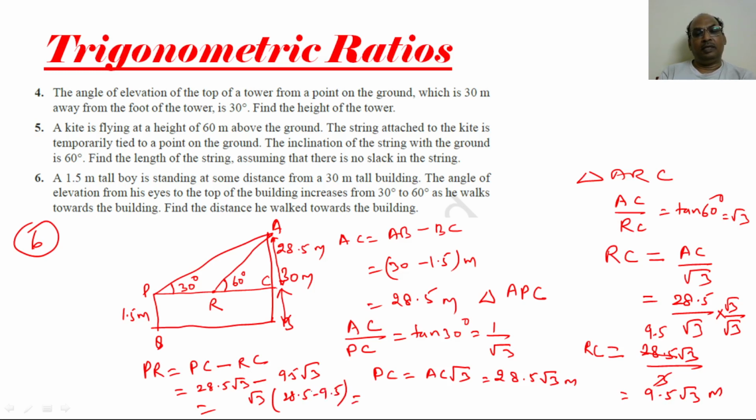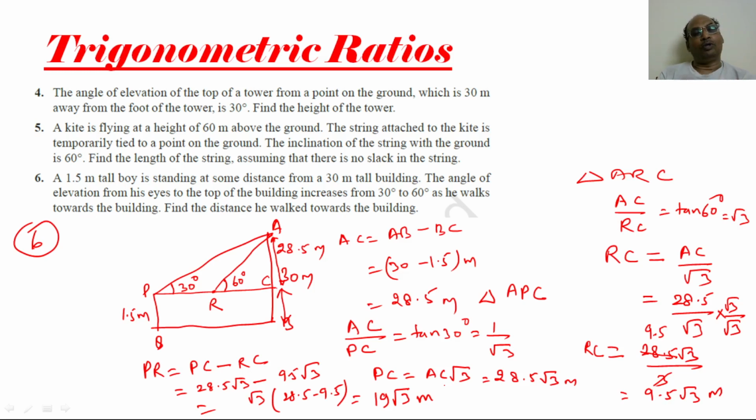So 0.5 got removed, and 28 minus 9 is 19. So 19 root 3 meter. So this is question number 6.